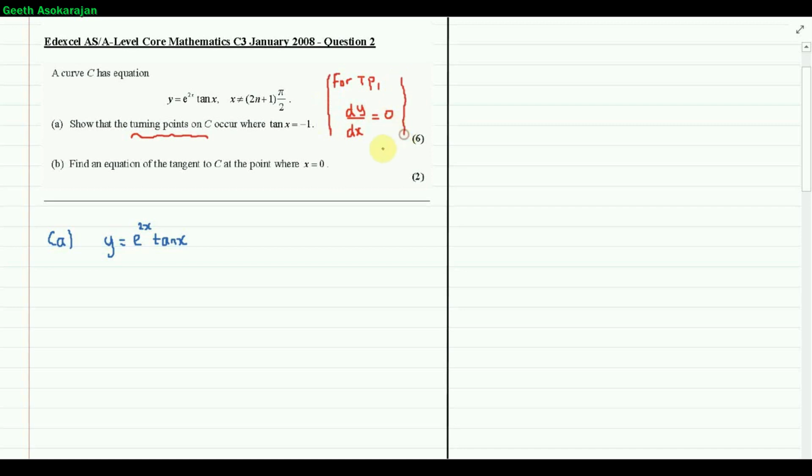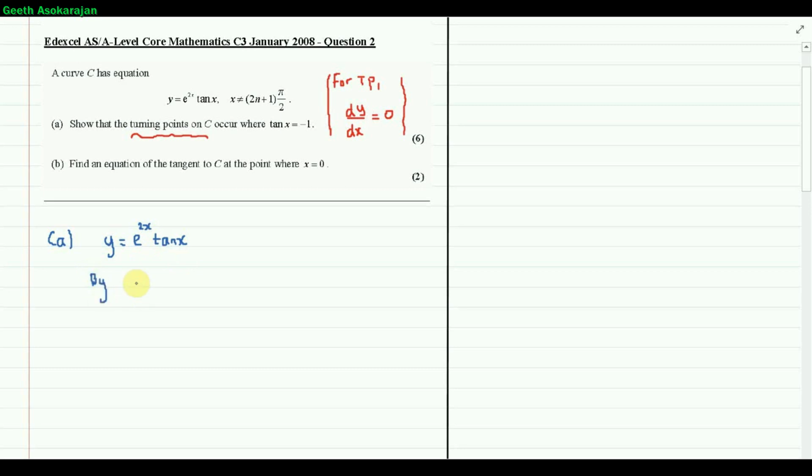In order to apply that condition, we need to differentiate. So we need dy over dx, and to calculate it in this instance, we need to apply the product rule, since we have a product of two terms, both in terms of x.